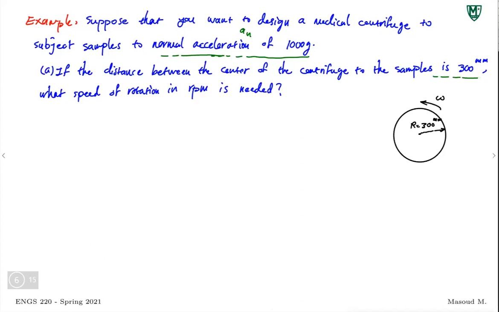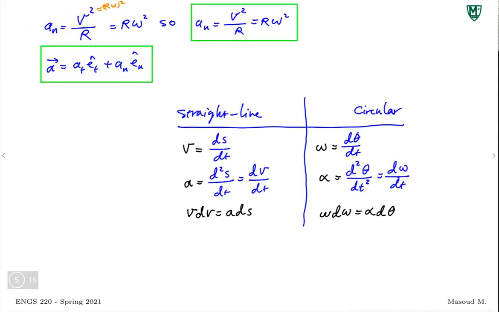So it's pretty much the circular motion we're looking at. If I go back to what we had for circular motion, normal acceleration, that's pointed right here, right? Normal acceleration is v squared over r, or r omega squared. I know an, the normal component of acceleration. I know r, in this case. As long as you identify parameters correctly, the rest is pretty straightforward.